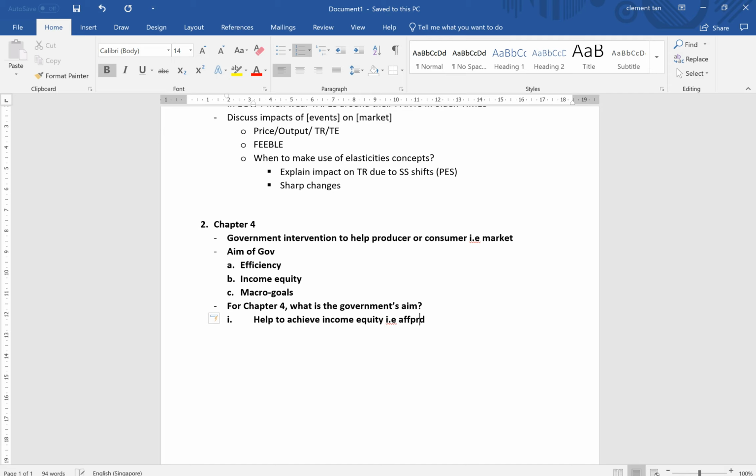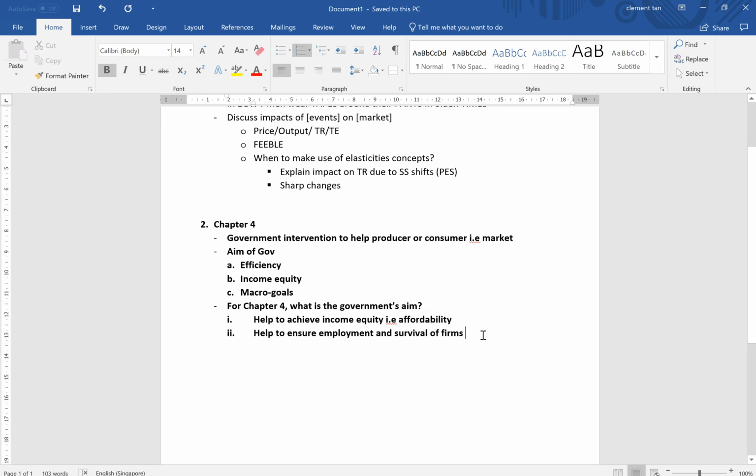Two is to help to ensure employment and survival of firms. Why they want a firm to survive is because they want to ensure employment. So you can see the reason why they want to help producers is because they want to ensure survival. Why do I ensure survival? So that we can have employment. Why do you want to help the consumer? Because you want the consumer to have affordability.